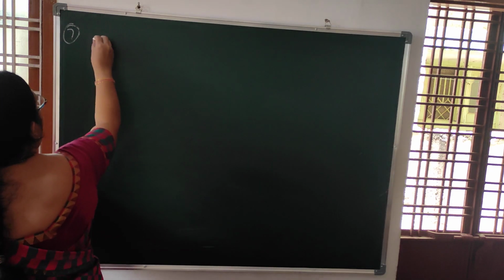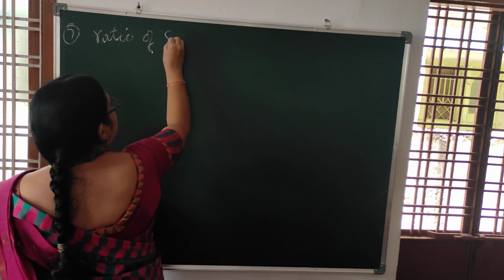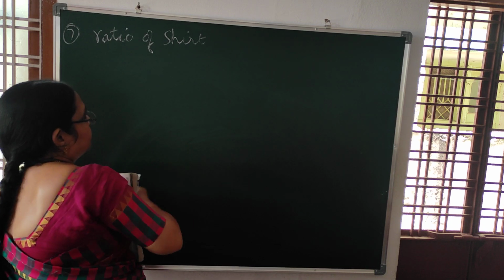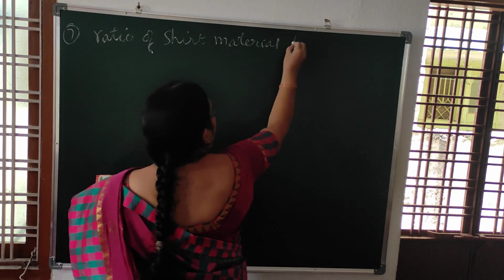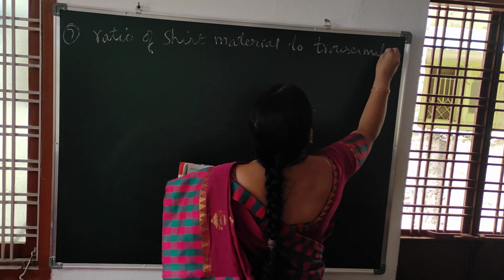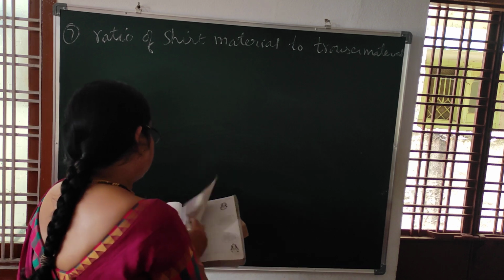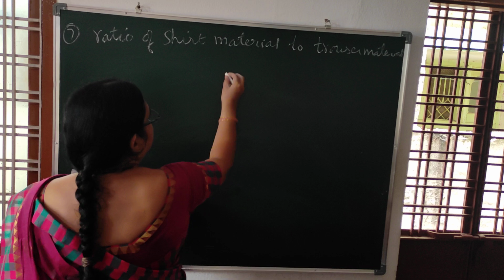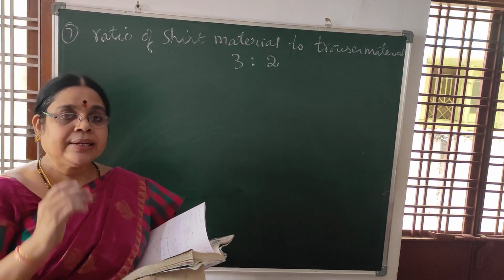So here the ratio is given. The ratio of shirt material to trouser material. He is saying that for every 3 meters of shirt material, he bought 2 meters of trouser material. So what is the ratio given? 3 is to 2, with shirt material first.